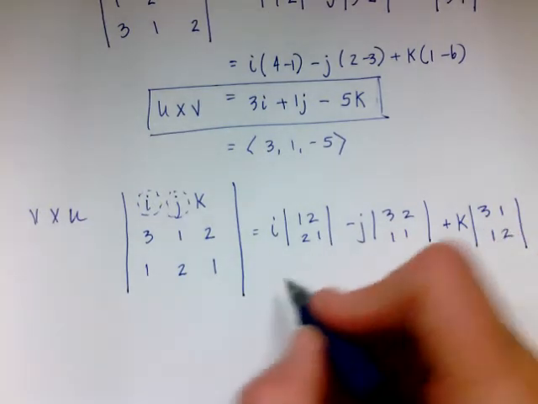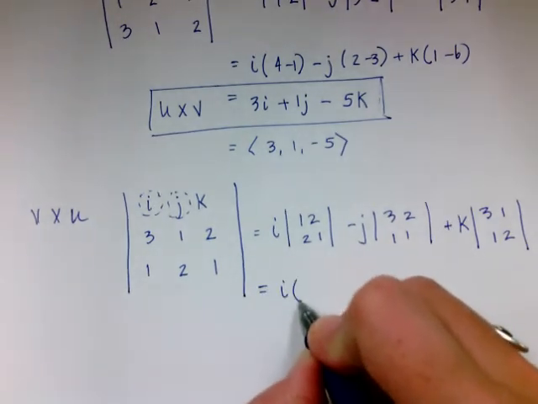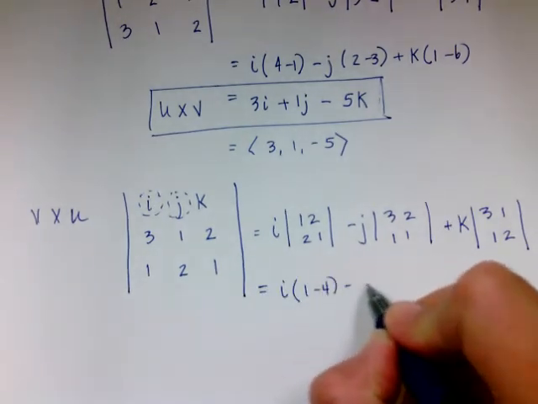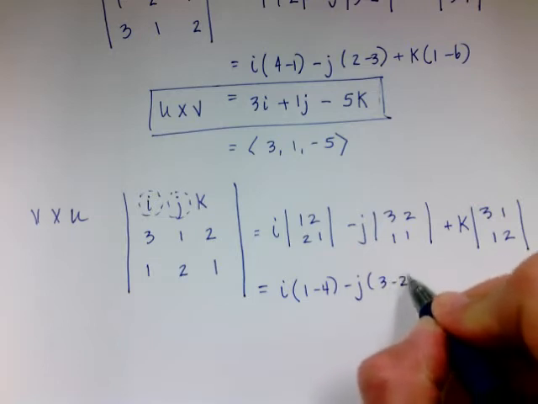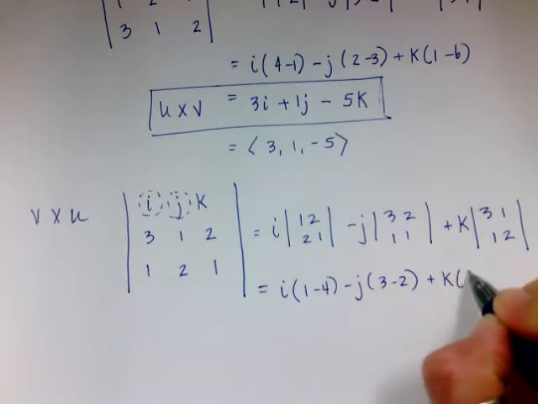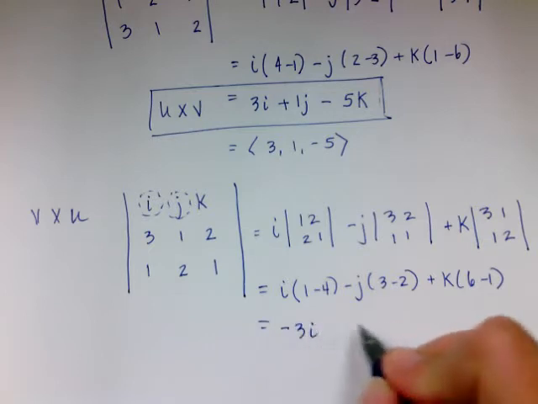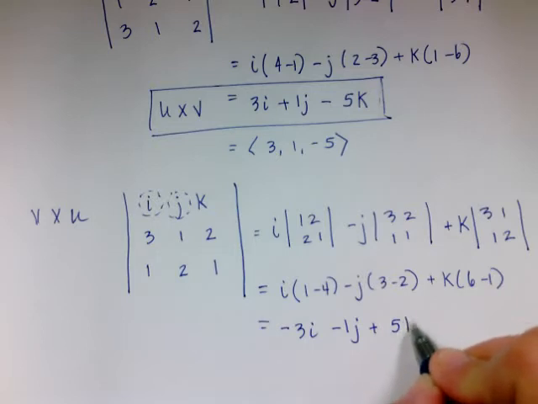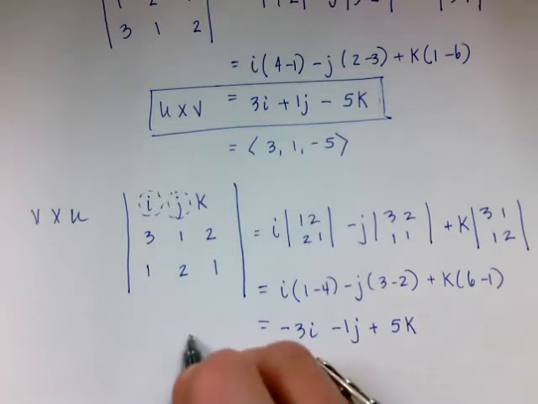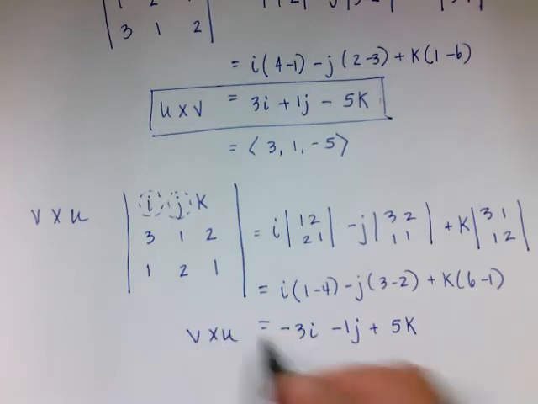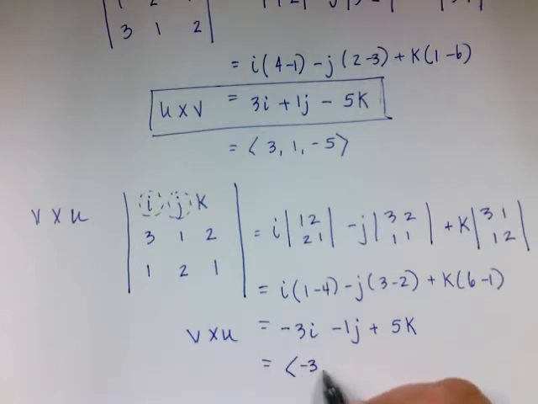Alrighty, so now I'm going to do the determinants of those. So it's going to be I times 1 minus 4, minus J times 3 minus 2, plus K times 6 minus 1. And so I'm going to get negative 3I minus 1J plus 5K. And this is V cross U. If I put it in component form, it would be negative 3, negative 1, and 5.